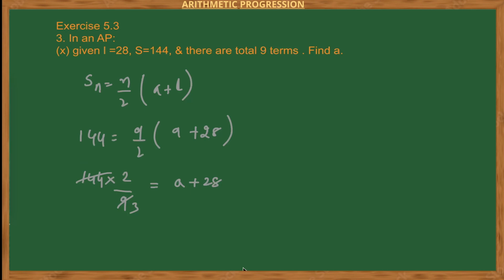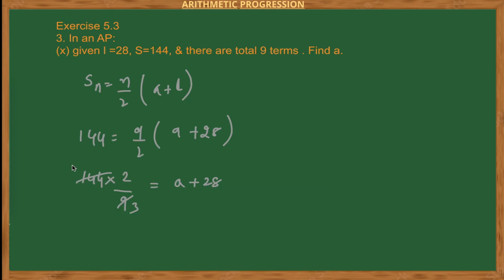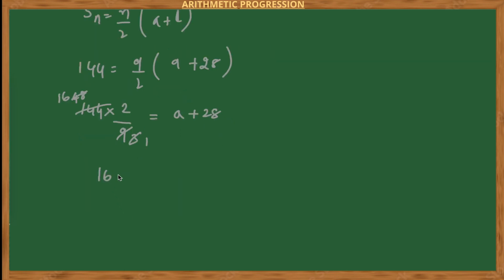Not by 44, it goes with 46. Yes, 46. Further, does it divide? No, it doesn't divide. So we have 16 into 2 is equal to A plus 28. 16 2s are 32. Let's bring this 28 here. 32 minus 28 is equal to A. So 32 minus 28 gives 4. So the value of A is equal to 4.